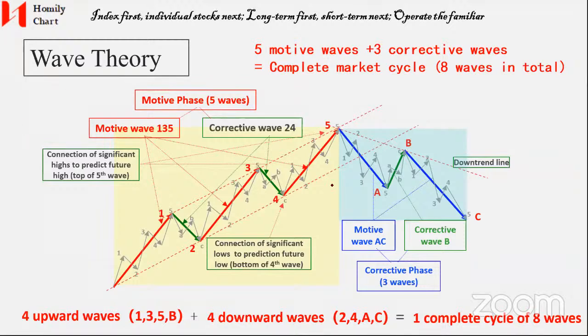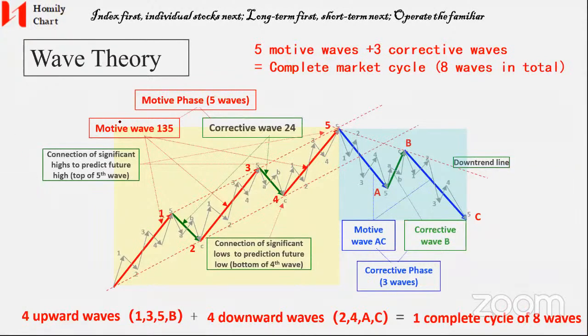According to the wave theory, the complete market cycle consists of 8 waves in total. Among all the 8 waves, we have 5 motive waves and 3 corrective waves. Of course, this complete cycle you can divide into 2 phases.